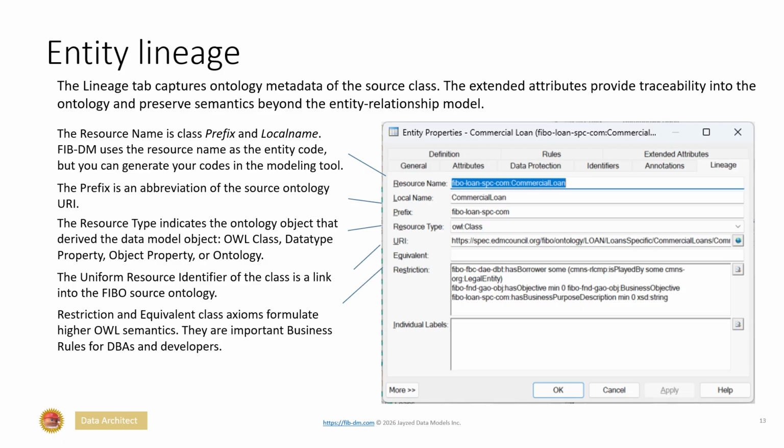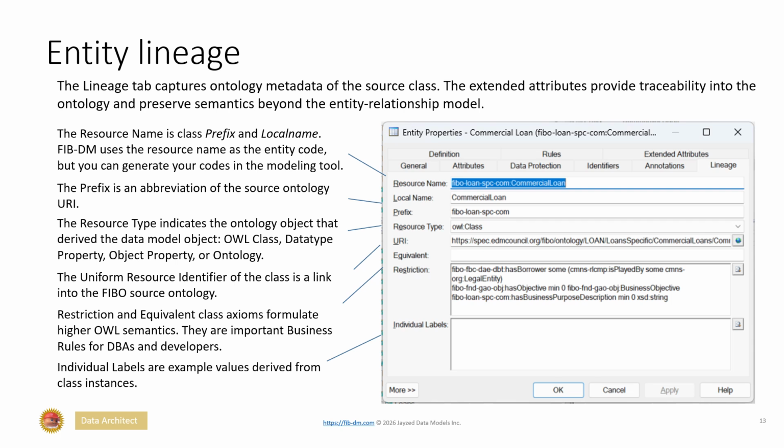Now here, restrictions and equivalent class axioms formulate higher OWL semantics. And they are important business rules for DBAs and for developers. For example, on the commercial loan, we see a class restriction, which means that entity has a borrower, and that is a role played by some legal entity. Rules like this, we cannot model in ERwin or PowerDesigner.